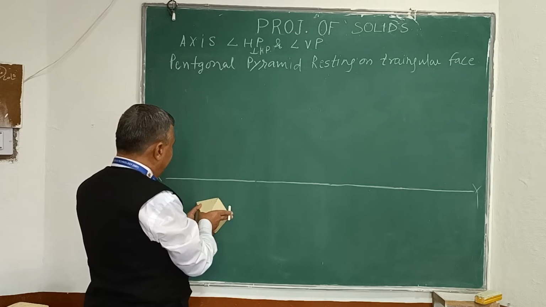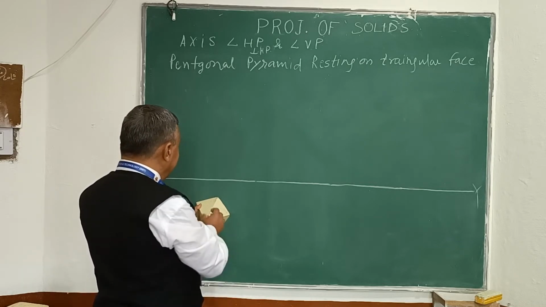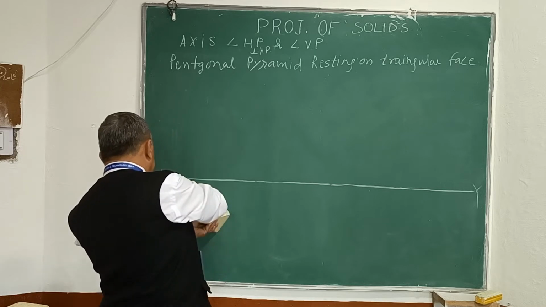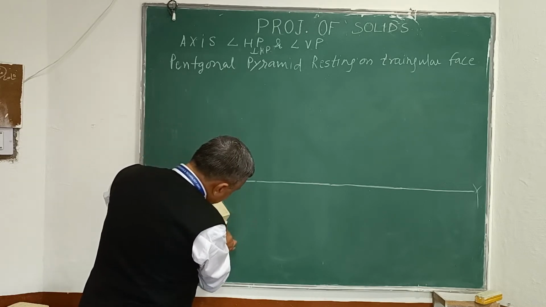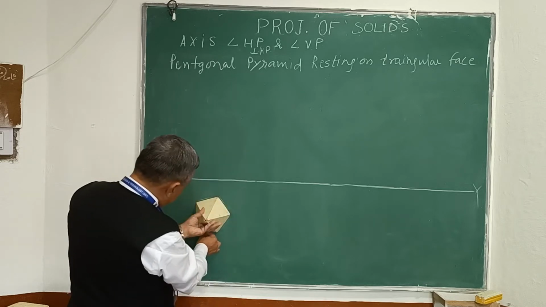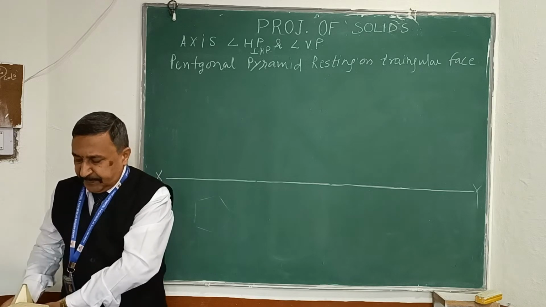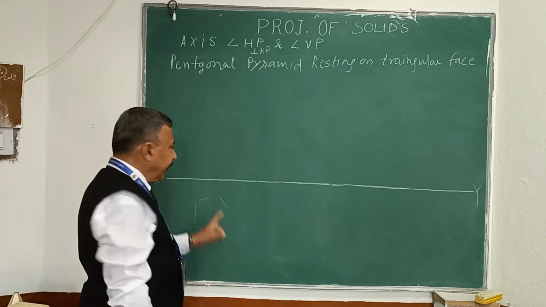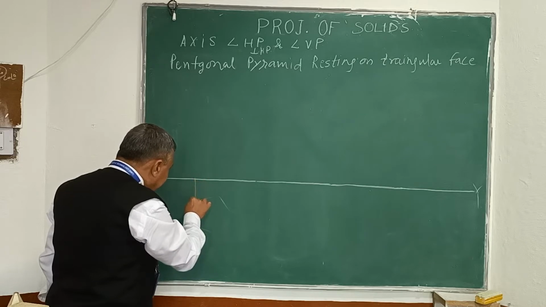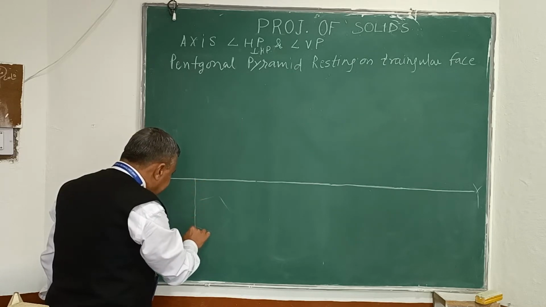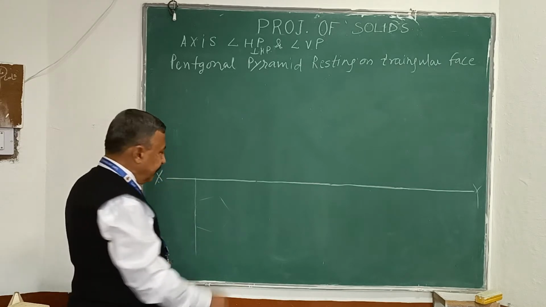So first we have to draw the base. Base is like this, that is, one edge is perpendicular. See here, in this way we have to draw the base, meaning one edge is perpendicular.